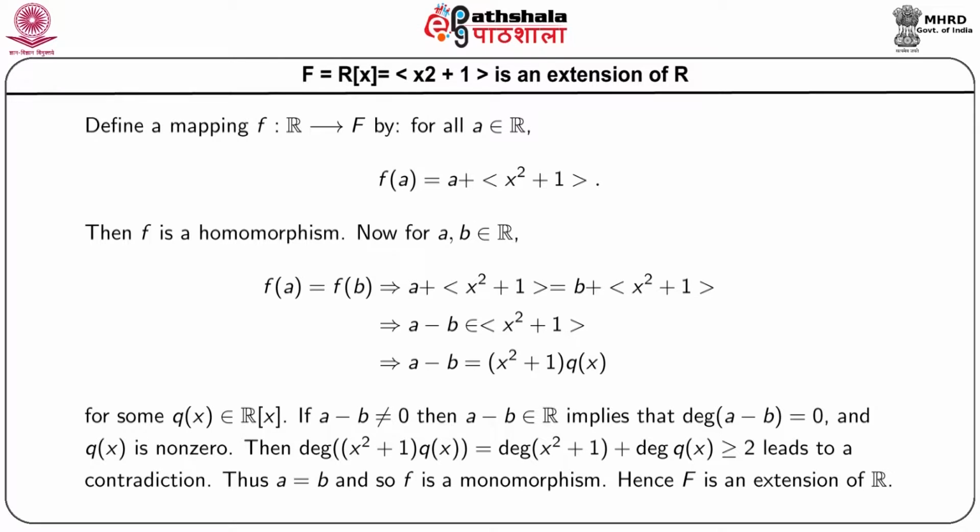If a minus b is non-zero, then comparing the degree of the expression on both sides, we reach a contradiction that 0 is greater than or equal to 2. Hence, a minus b must be equal to 0, that is, a is equal to b. Thus, f becomes a monomorphism and F an extension of R.